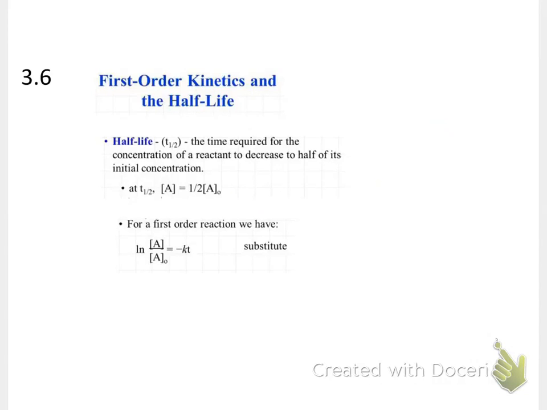Okay. So if we remember the integrated rate law for the first order reaction, this is it. It's the log of the concentration A over the initial concentration A naught equals minus kt. If we say that we're looking for the time it takes to get to 1/2 of the concentration, then we can replace A at time t with 1/2 of the initial concentration.